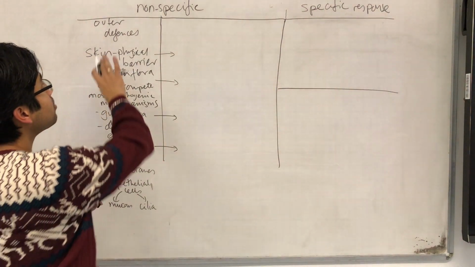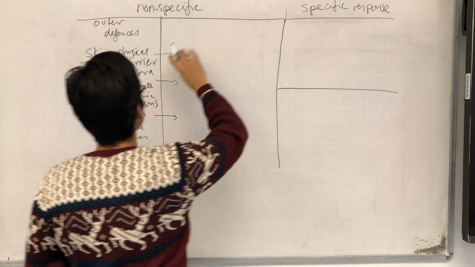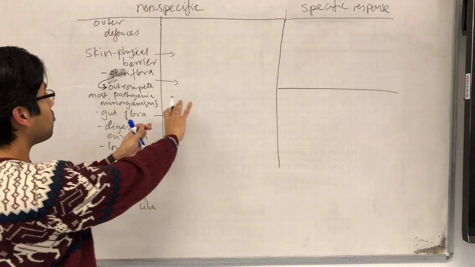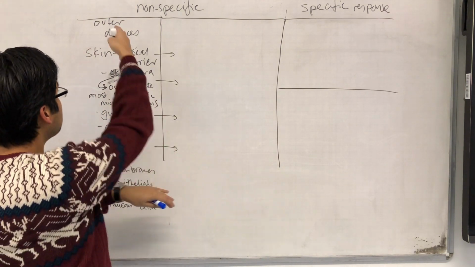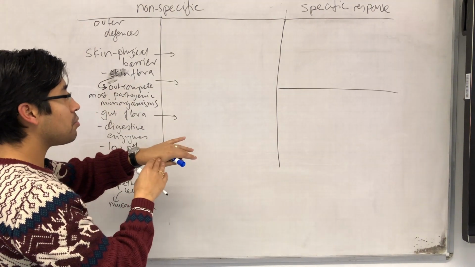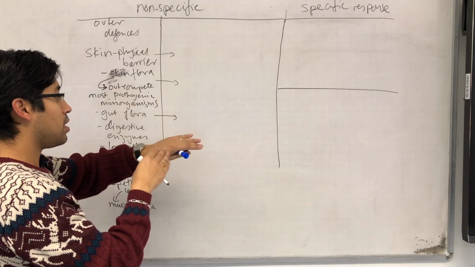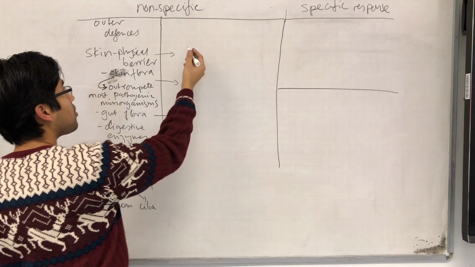So we're always thinking specific versus non-specific. If anything does get through, like say we get a cut on the skin and a pathogen is able to get through the physical barrier and doesn't have to compete with the skin flora, then it's in. Now what would happen next? What are those mechanisms?